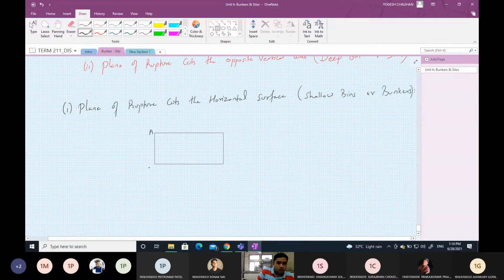A, this is B, this is C, and this is D. And let the plane of rupture cut the horizontal surface AC, this angle is, let it be theta, and this is the plane of rupture.